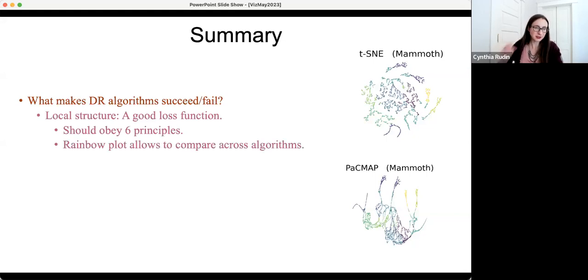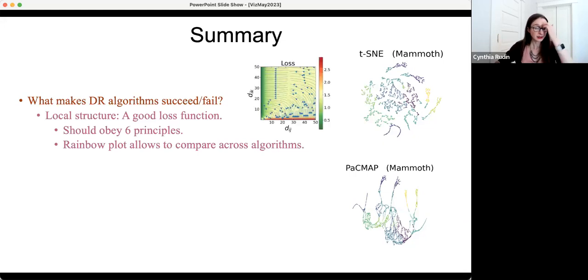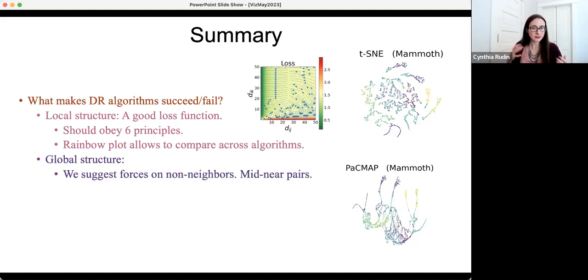You should also check the rainbow plot, which is useful because it allows you to compare across algorithms. Okay, there's our rainbow plot. And for global structure, you should include forces on non-neighbors, which is why we use the mid-near pairs. The fact that these were 2 separate mechanisms allowed us to get both local and global structure without sacrificing either one of them.